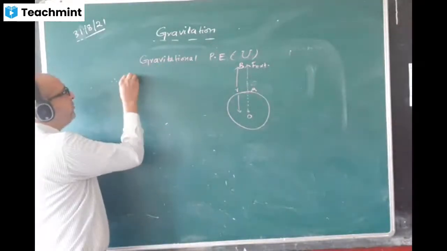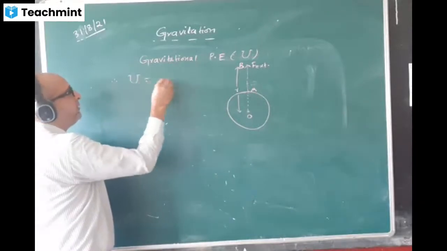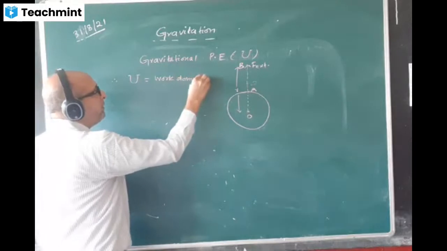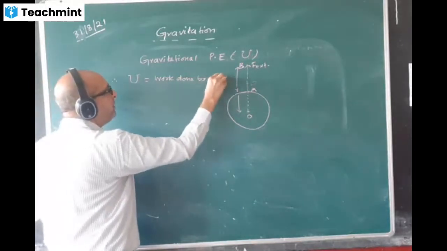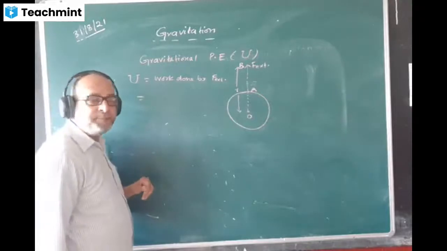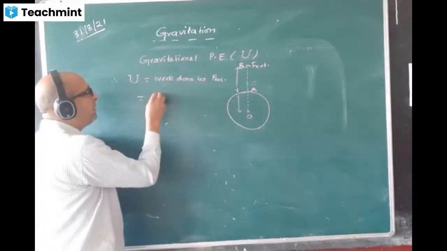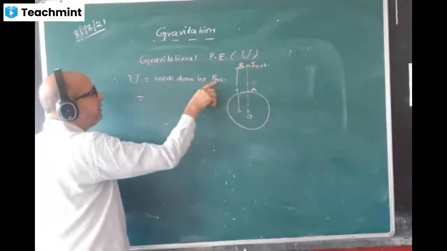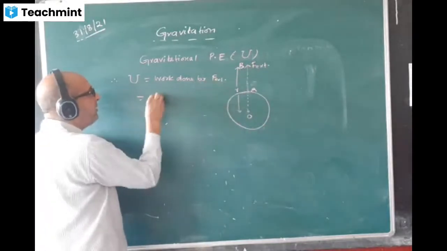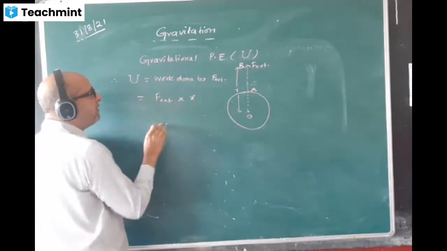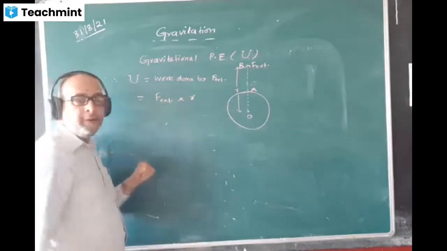Therefore write down U is equal to work done by the external force. The external force will have the same value as the force of gravitation, and work is force into displacement, F into r.